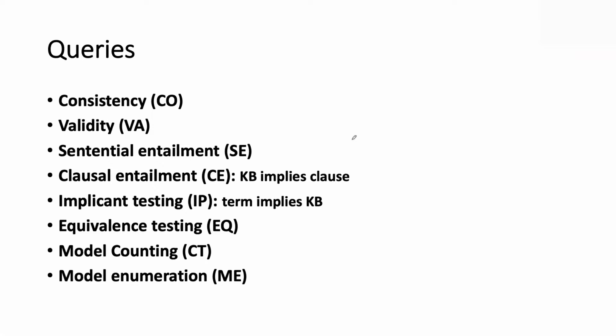We had three types of entailment: whether one circuit implies another, whether a circuit implies a clause, and whether a term implies a circuit.